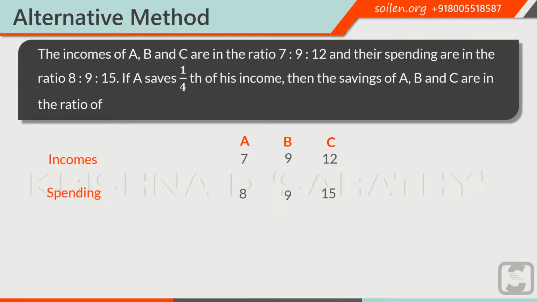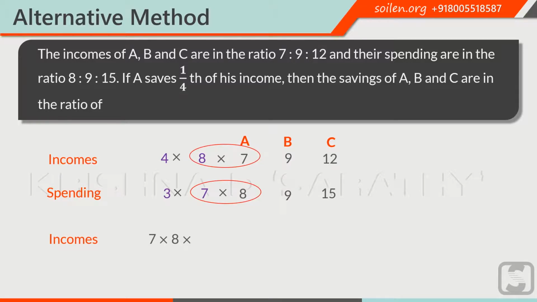If I multiply ratio of incomes by 8 and spending ratio by 7, both income and spending for A become equal, that is 56. Now, we want A's income and spending in the ratio of 4:3. So, I will again multiply the first ratio by 4 and the second ratio by 3. Next, we will multiply all the respective terms.